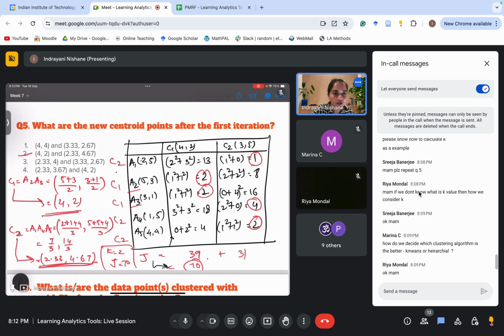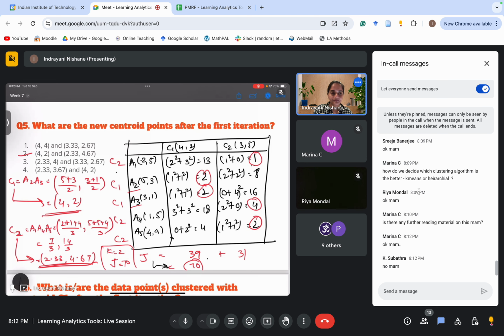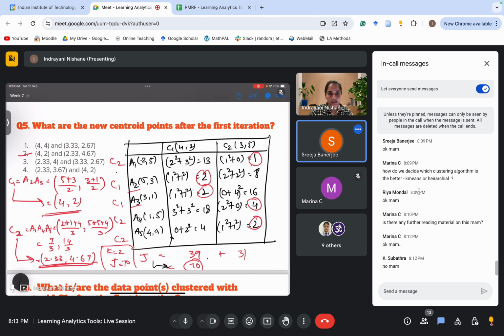Who had asked? Shrija, is this fine? Yes, sir. I'll keep this here so that you can assimilate what I have done. I took the difference in the coordinates, squared them and then added them to get the squared distance between this data point and the centroid. Wherever the squared distance is minimum, that particular data point gets assigned to that particular centroid.